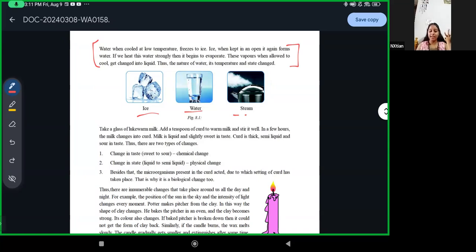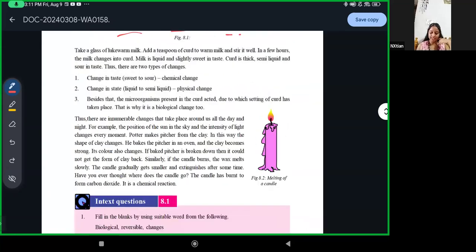If we heat this water strongly on a flame, it evaporates and becomes steam. So water changes in three states: solid form, liquid form, and gaseous form.